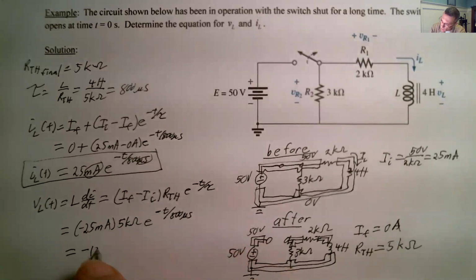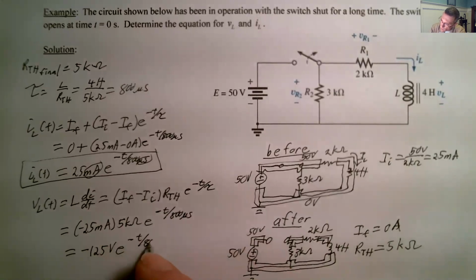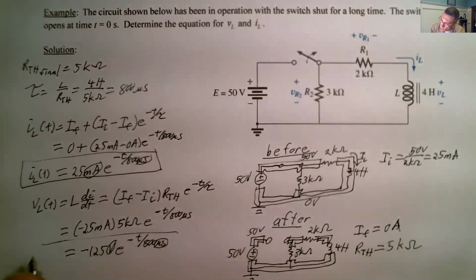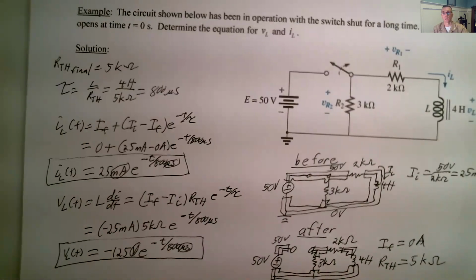Multiply that out, we get negative 125 volts, e to the minus T over 800 microseconds. Make sure we've got our units, VL of T. And with that, I would say that we are done. So that's our examples.